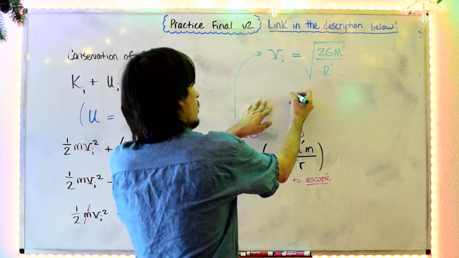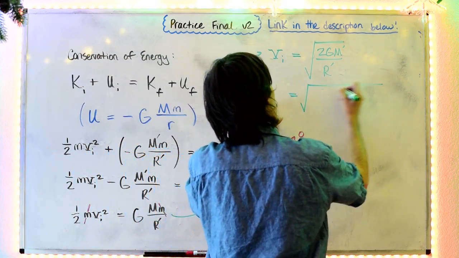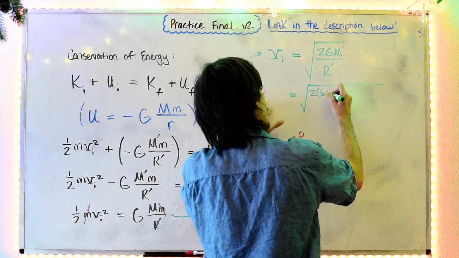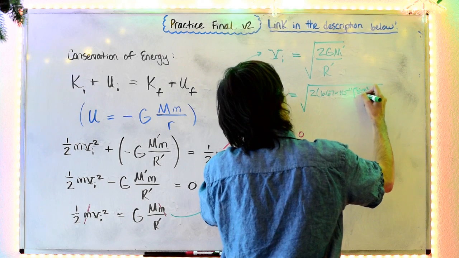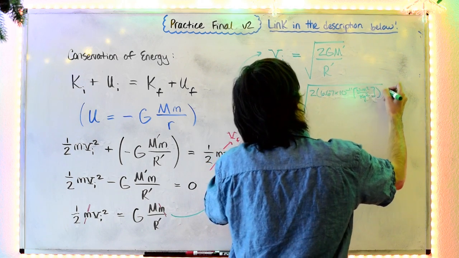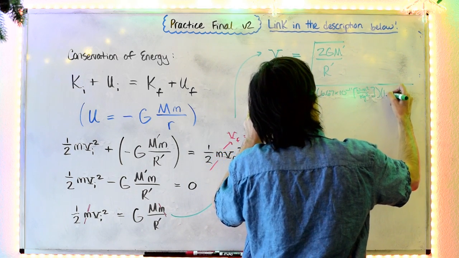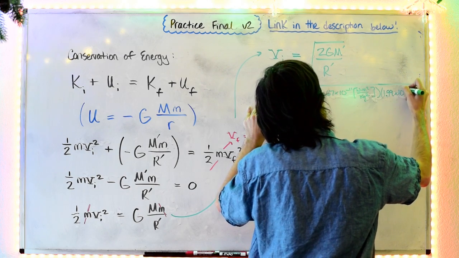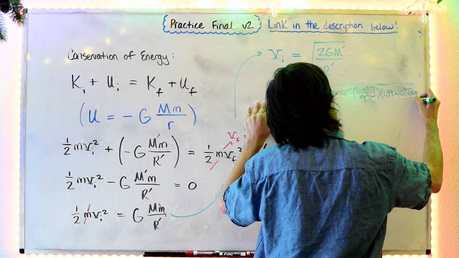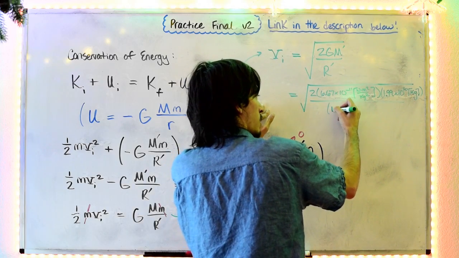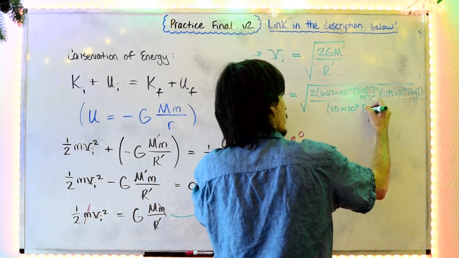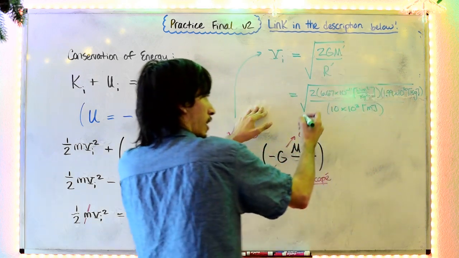Plug in those numbers. Square root of 2 times the gravitational constant, 6.67 times 10 to the minus 11th Newton meters squared per kilogram squared. The mass is the same as the mass of the sun, 1.99 times 10 to the 30th kilograms, divided by the radius of the neutron star, 10 times 10 to the 3rd meters, and it's not squared in our case.